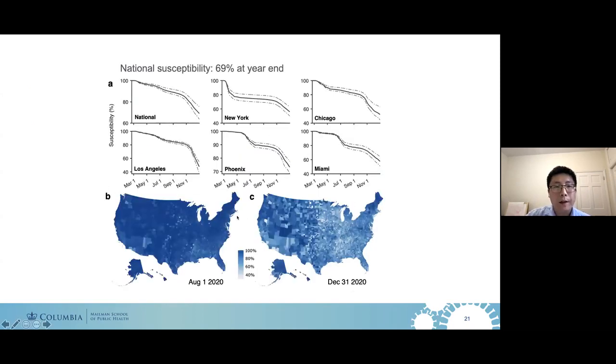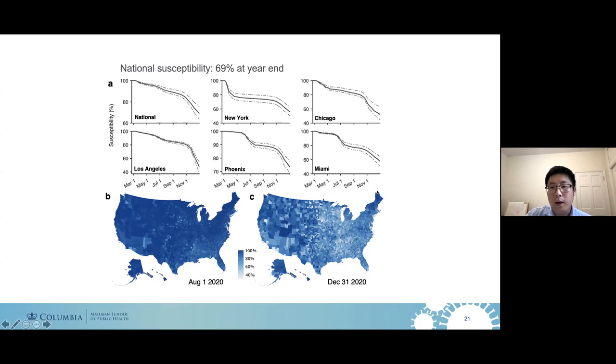And then we look at the susceptibility in different locations. Nationally, by the year end, the susceptibility dropped to 69%. So that means about 31% of the US population has been infected during the year. And we also observed remarkable spatial variation across different locations. Those two maps show the county level percentage of susceptible population on August 1st, 2020 and December 31st, 2020.